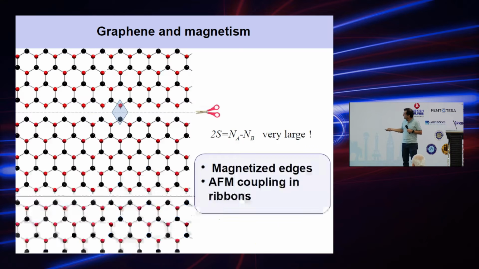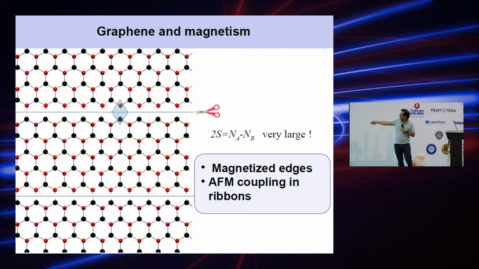And even more interesting, let's say you have a graphene sheet and you cut through the sheet along this zigzag direction so that all these black atoms lose their red partners. This will break the sublattice symmetry, and the difference between the numbers of A and B atoms will be very large. So you will have a magnetic edge here. You can also do the same thing here.